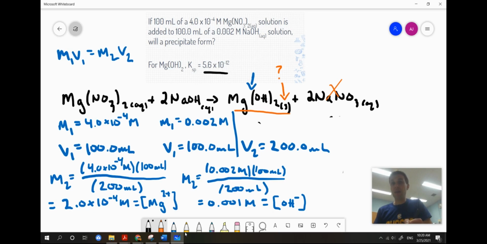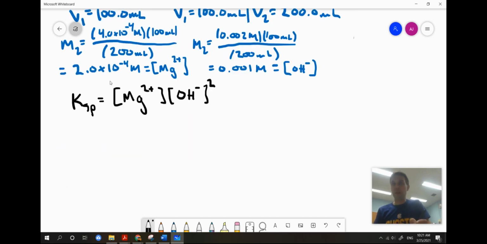Now that I have the concentrations of my ions in the product, I'm going to check to see whether their ion product is greater than the KSP value. Recall that here's my KSP equation. Don't forget to raise the hydroxide ion concentration to the power of 2.